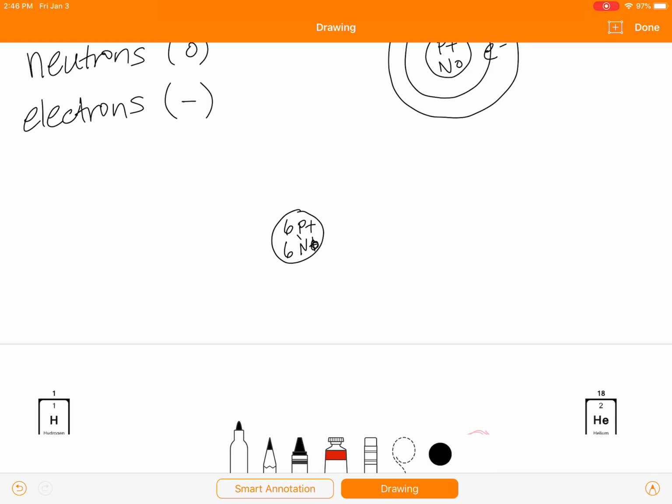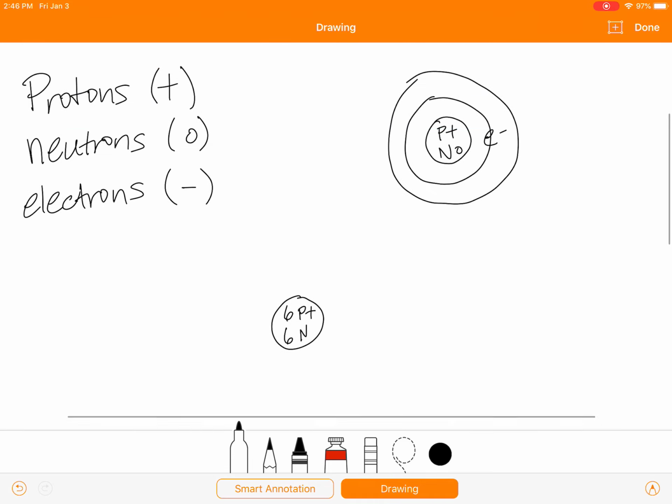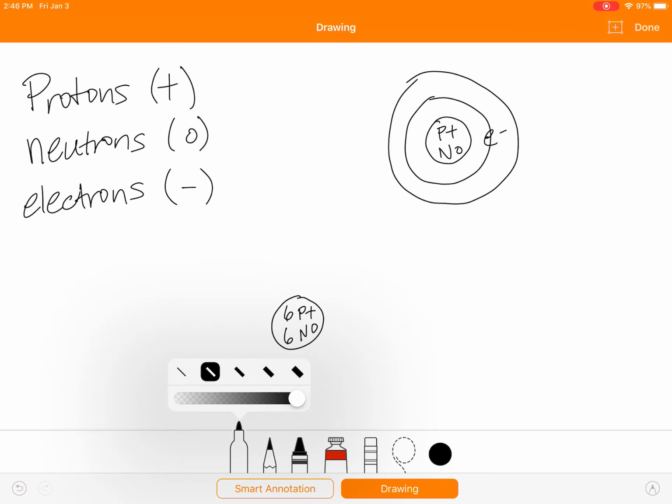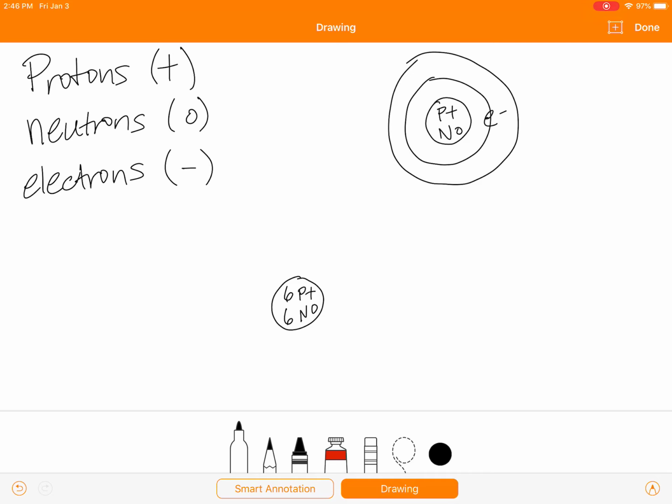It will be electrically neutral regardless of how many neutrons you have in that atom, right? The only thing that's going to affect the charge of an atom is the number of protons and electrons. The reason for that being because protons and electrons are the only actual charged subatomic particles, the ones that actually have a charge to them, okay?